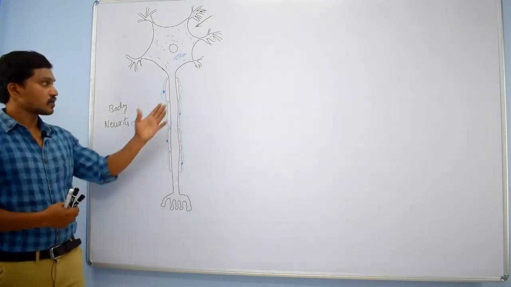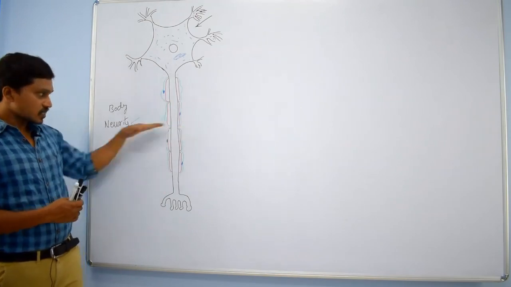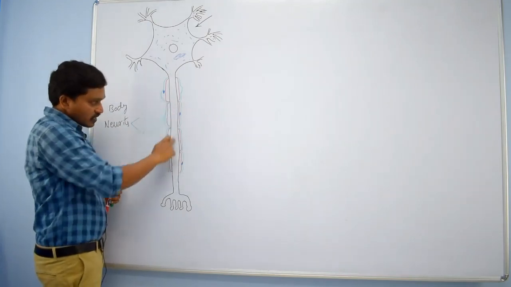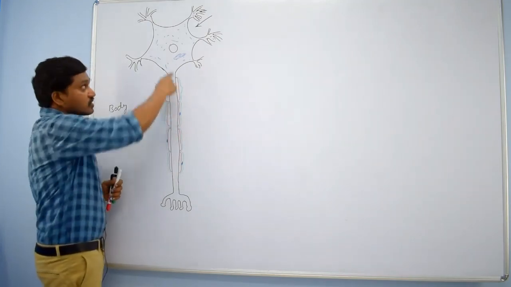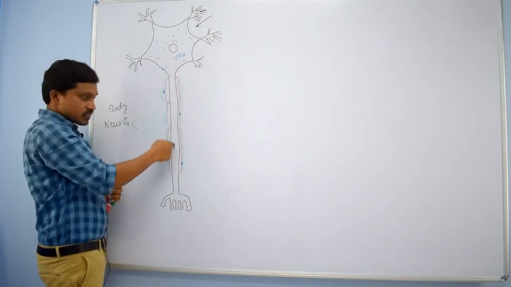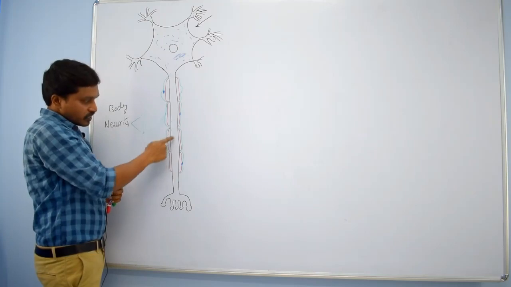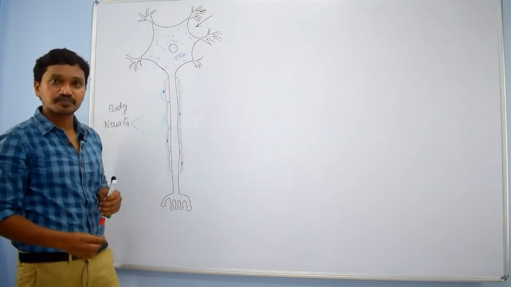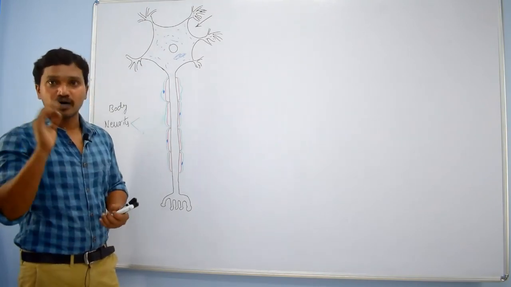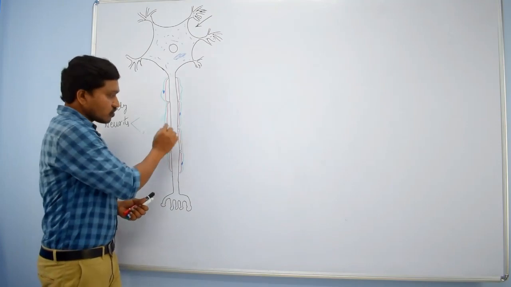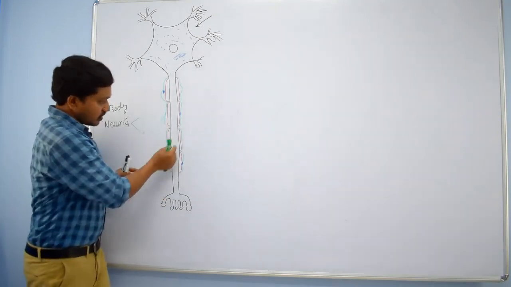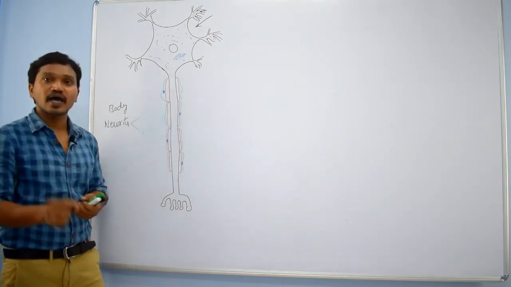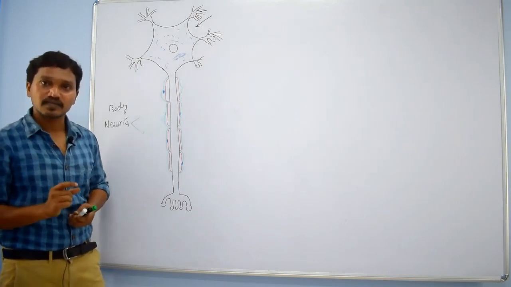Right? So very simple. If you take a cut section of the nerve fiber, from inside to outside, here is the axoplasm. Actually, axoplasm is the cytoplasm continuing into the axon. This axoplasm is surrounded by this black color that I have drawn, that is the axolemma. Now this whole cylinder, the axolemma surrounding the axoplasm, we call the axon cylinder.